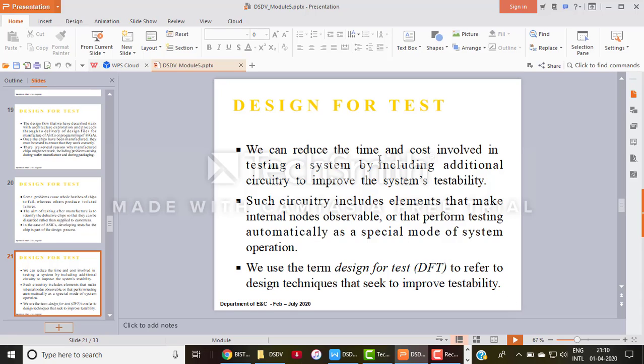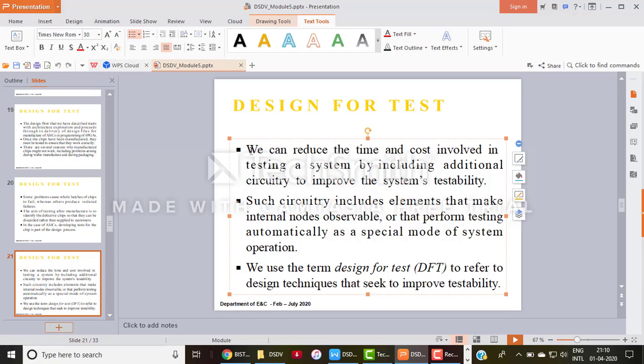We can reduce the time and cost involved in the testing system by including additional circuitry. In DFT we have one method: the chip to be tested will have additional circuitry, which reduces the time and cost required for the testing.